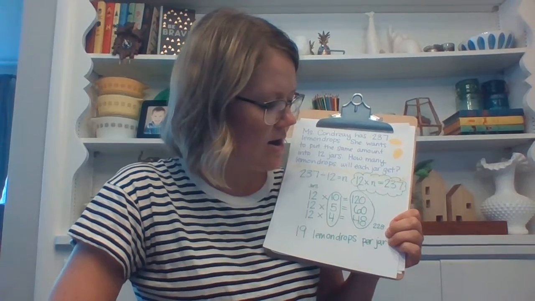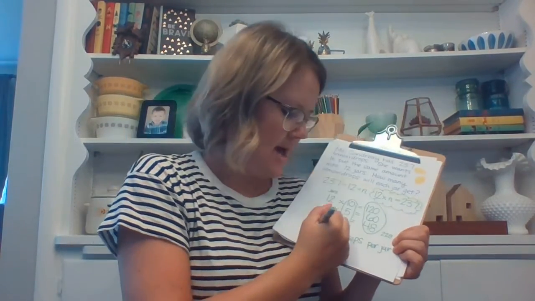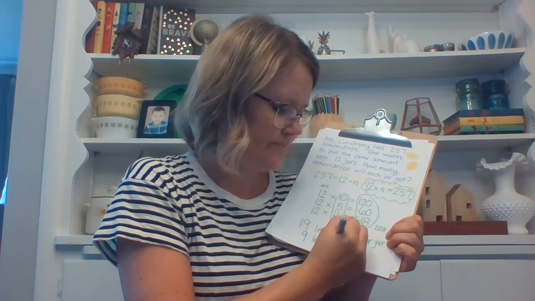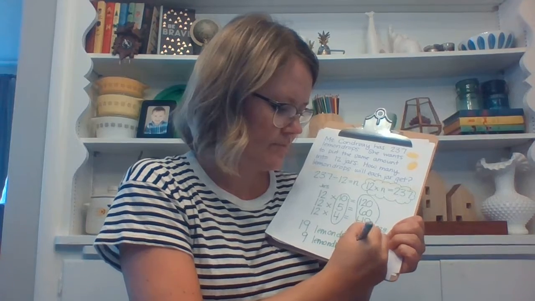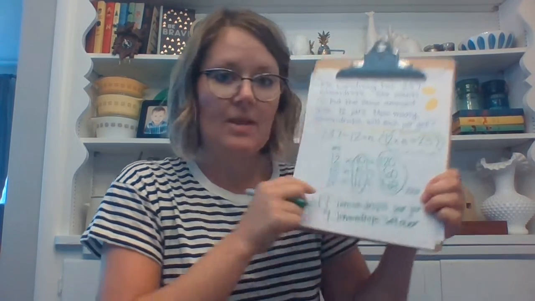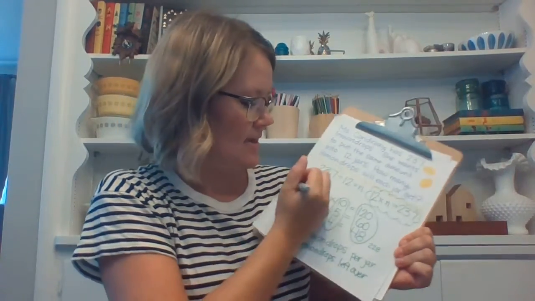And then, from 228 to 237, there are 9 lemon drops left over. Those are our remainders. The way we would write this answer is 19, remainder 9.